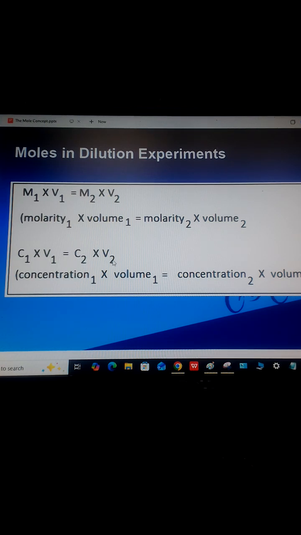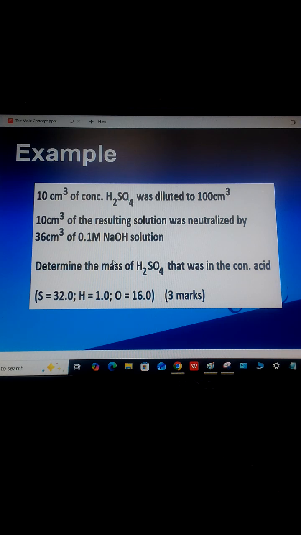Let's look at an example. 10 cubic centimeters of concentrated sulfuric acid was diluted to 100 cubic centimeters, and then 10 cubic centimeters of the resulting solution was neutralized by 36 cubic centimeters of 0.1 M sodium hydroxide solution.